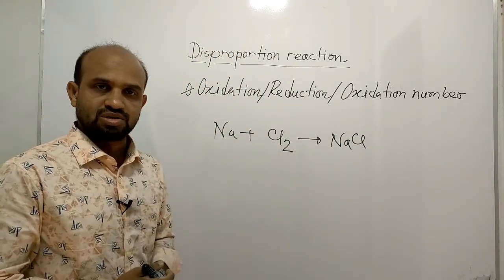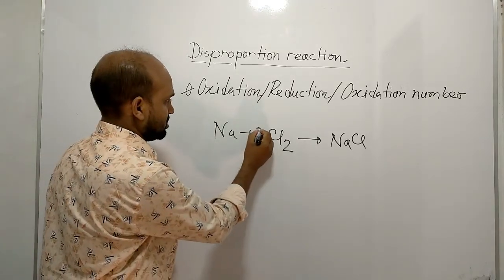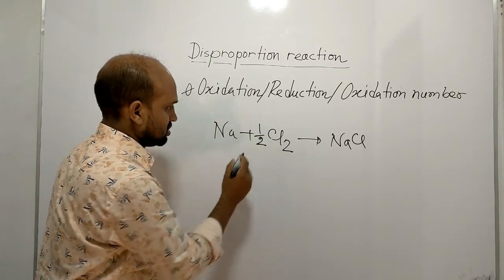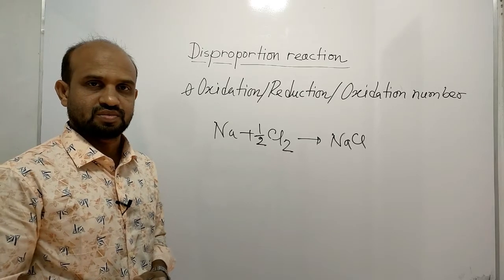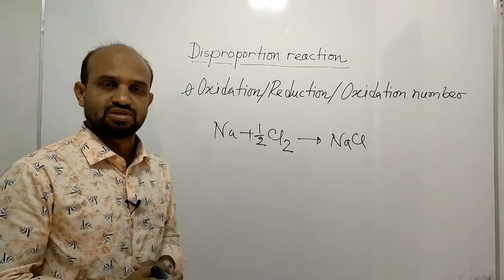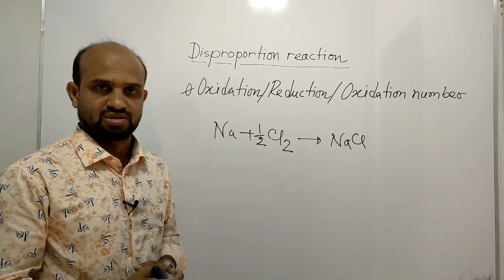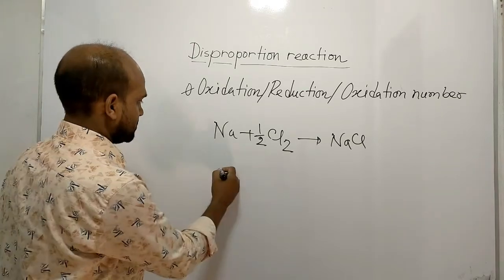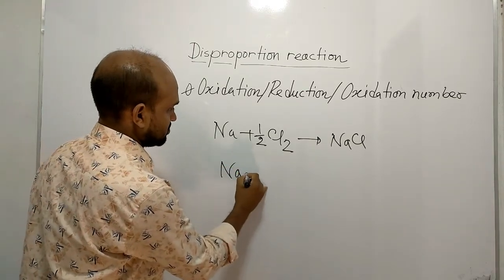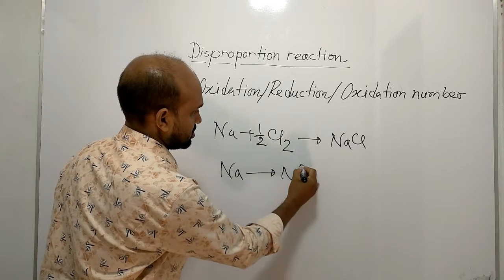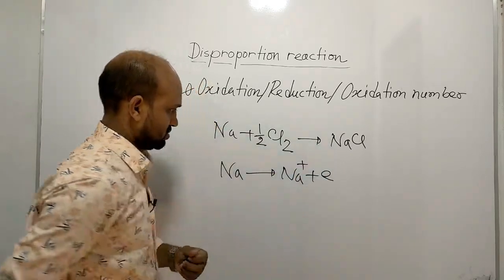Now this reaction is balanced by putting half here. This reaction happens in two steps. In the first step, sodium donates one electron.